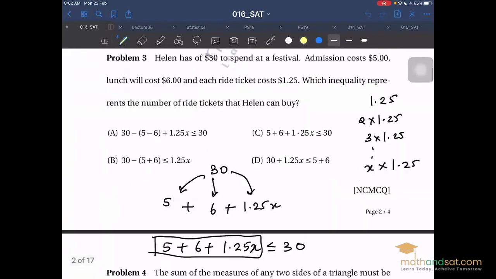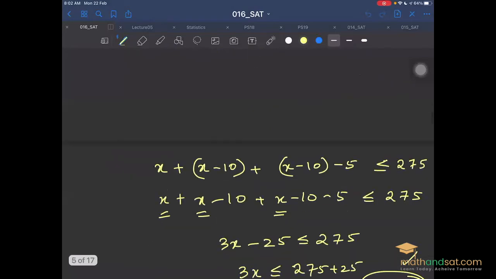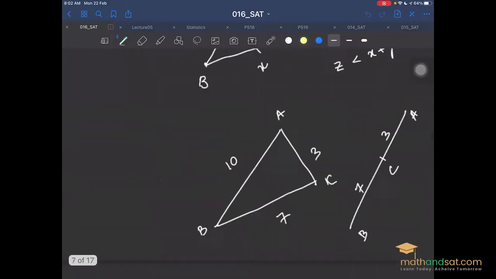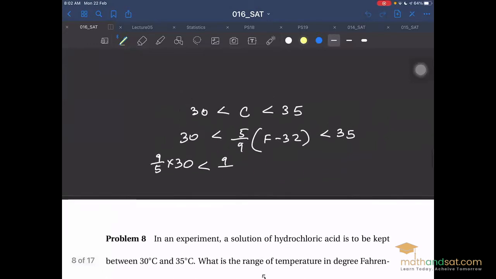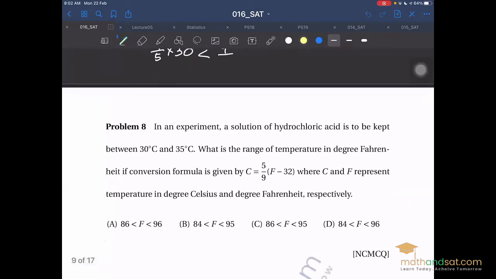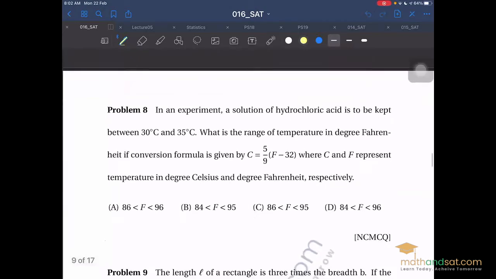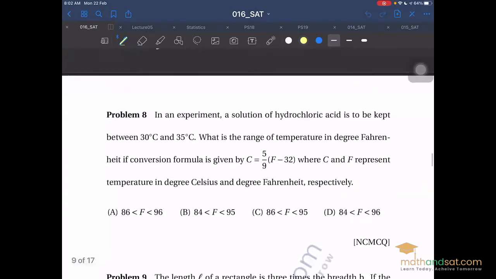I think we have solved till question number, yeah, we got abruptly cut off when we were doing problem number 8. So please, all of you take problem sheet number 16 and let's go to question number 8.